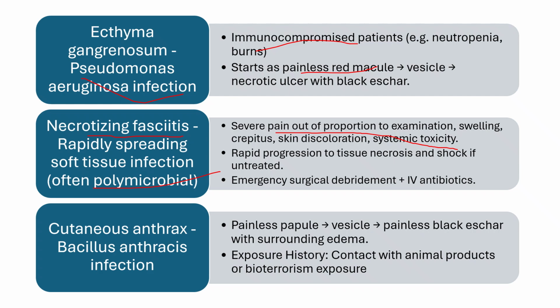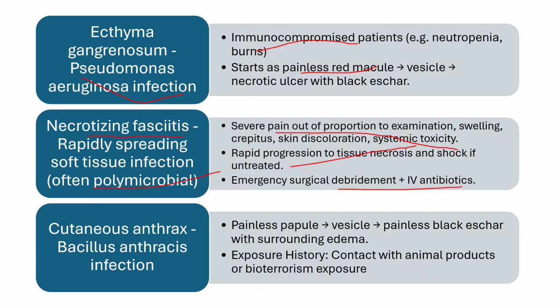There can be swelling, crepitus, skin discoloration, and systemic toxicity, because again it's polymicrobial and spreads very fast. So you have to treat the patient by debridement and giving higher-end antibiotics intravenously. You have to prevent the spread of tissue infection, because once it progresses, the patient can go into shock and toxemia, and can even die.